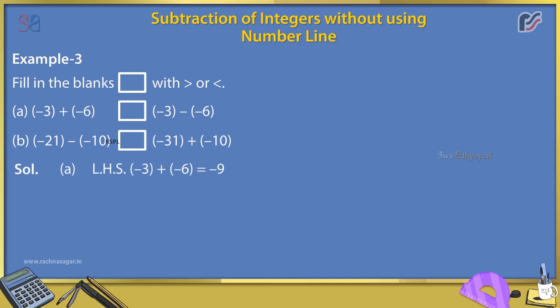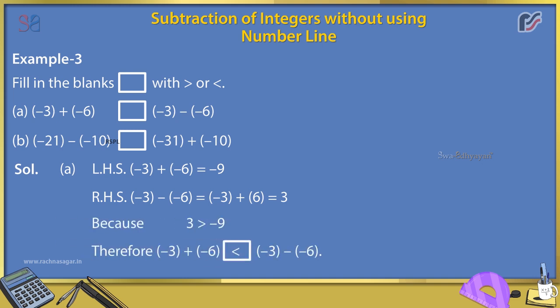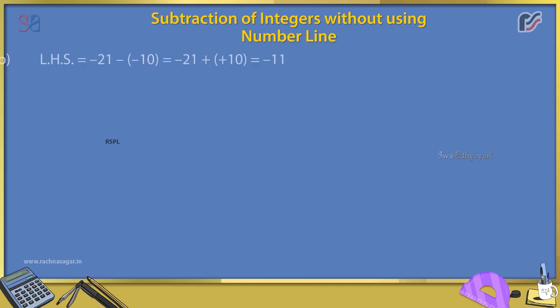LHS (−3) plus (−6) is equal to −9. RHS (−3) minus (−6) is equal to (−3) plus (6), which is equal to 3. Because 3 is greater than −9, therefore (−3) plus (−6) is less than (−3) minus (−6).